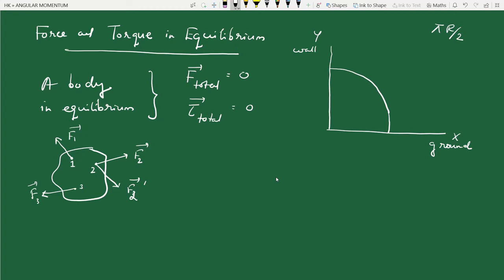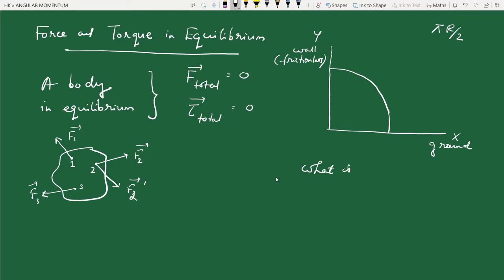This rod is at rest, that means it is in equilibrium, and this wall is a frictionless wall. The ground is not frictionless, but the wall is frictionless. So we need to calculate the force exerted by this rod on the wall.